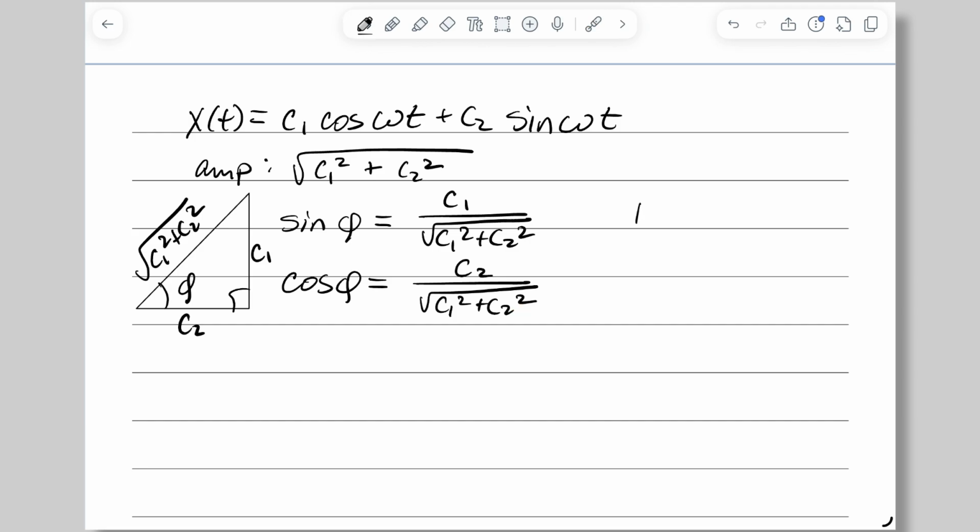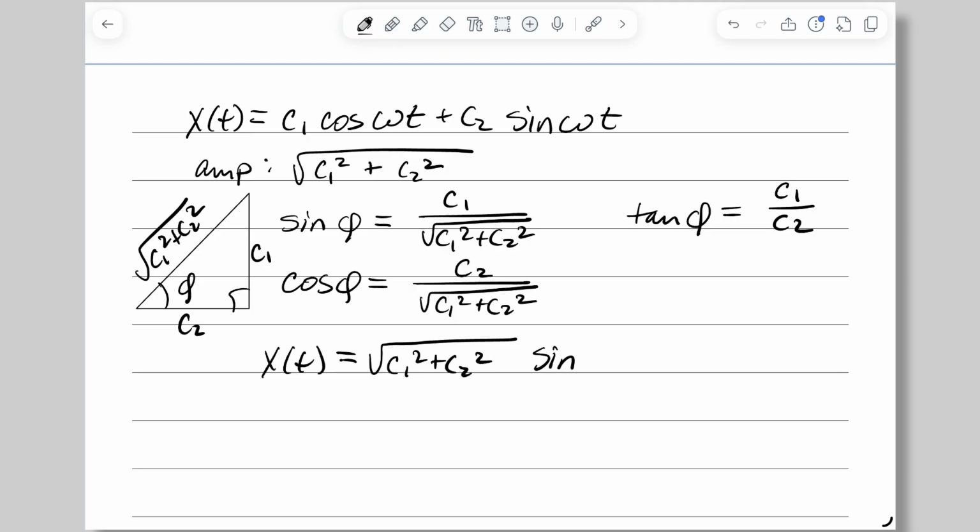A quick way to figure out what the angle is: the tangent of the angle phi is c1 over c2, sine over cosine. Then x of t turns out to be the square root of c1 squared plus c2 squared times the sine of omega t plus phi.